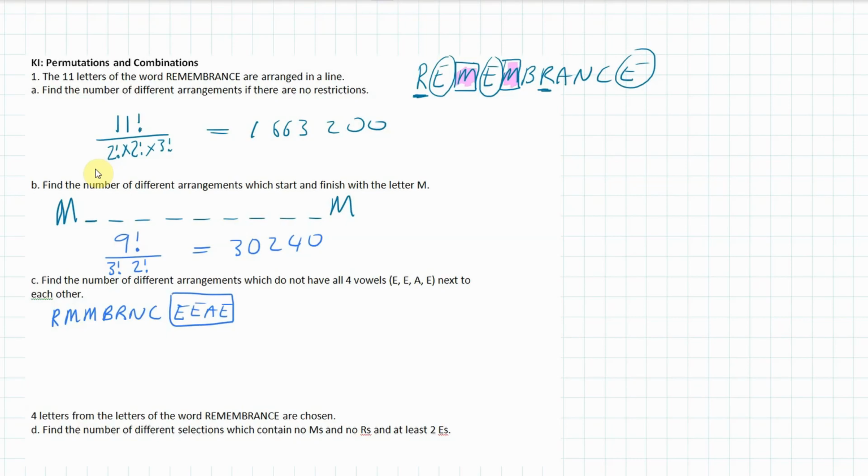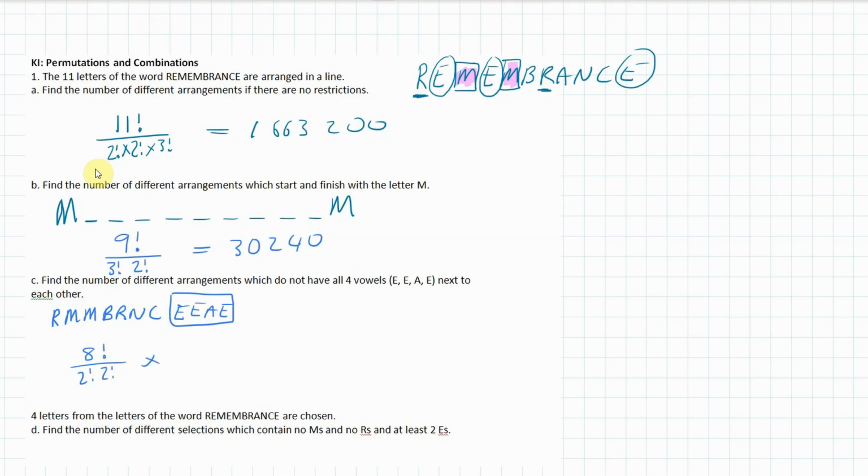And we can arrange that. So if we arrange this, you can see there's 7 here and 1 here. So we'll call it 8. Whoops, 8 factorial, and then within this bit here, we're going to divide by 2 factorial and 2 factorial for the M and the R.